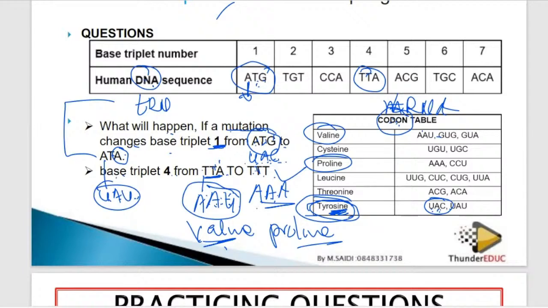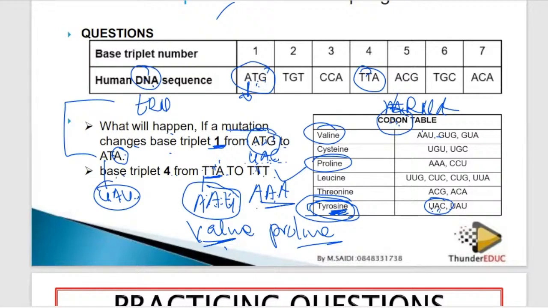Explain what will happen to a protein if the DNA base triplet, or if a DNA base, has changed. There, they have not spelled it out, you have to interpret it automatically. If the DNA sequence has changed, one base has been removed or replaced, whatever, it will lead to a different sequence of messenger RNA, which will lead to a different sequence of transfer RNA, which means a different sequence of amino acids.